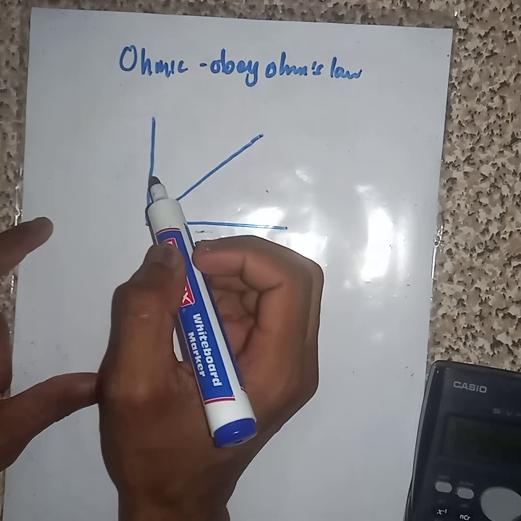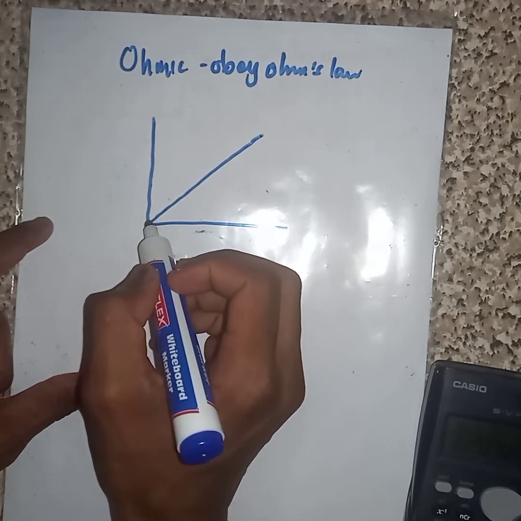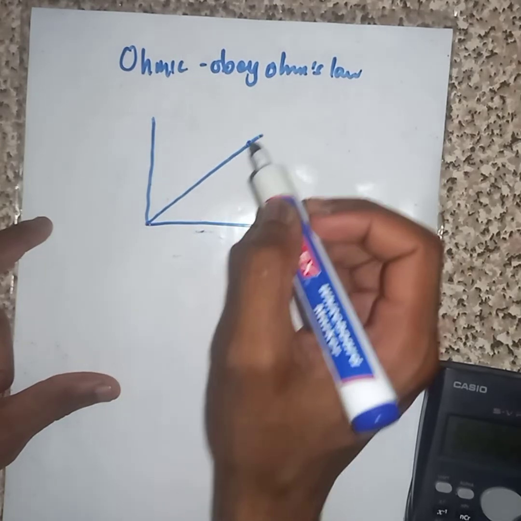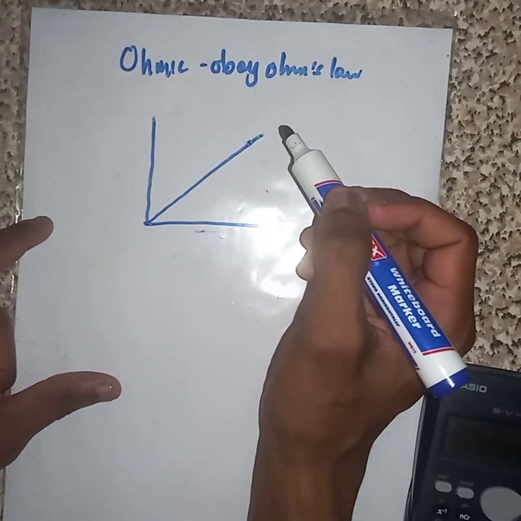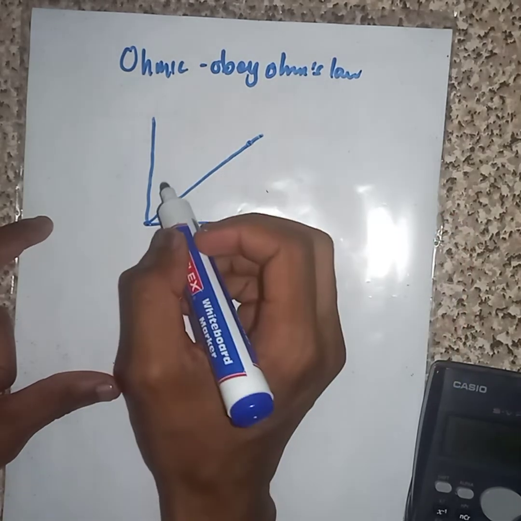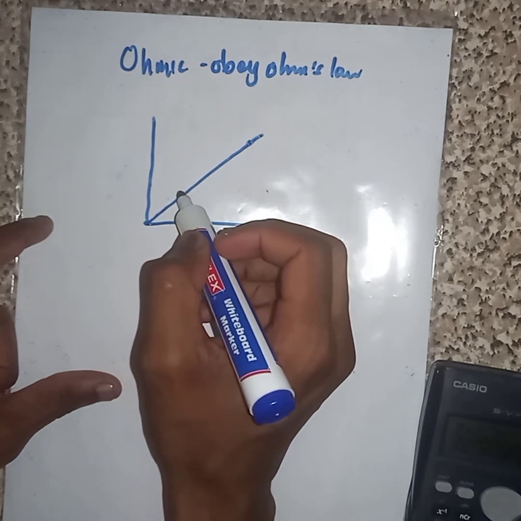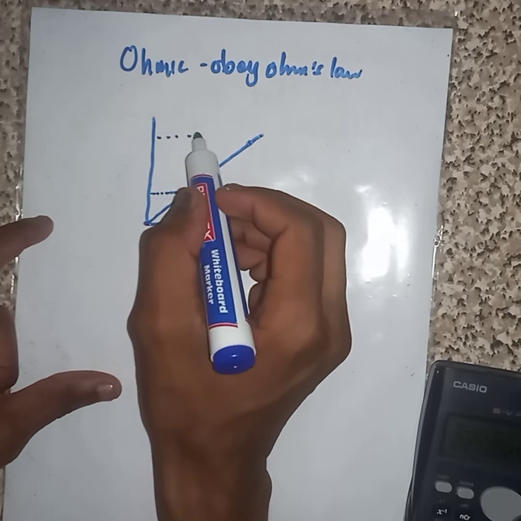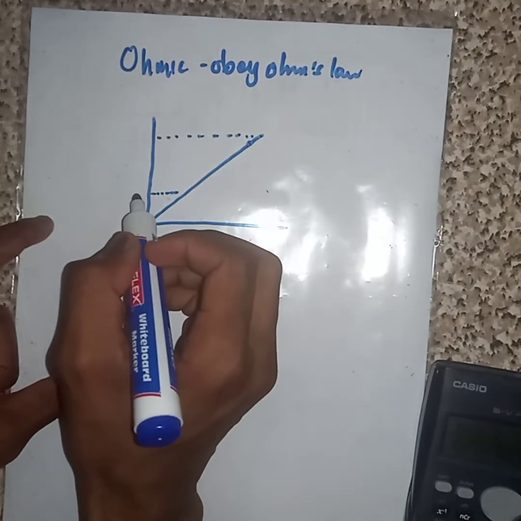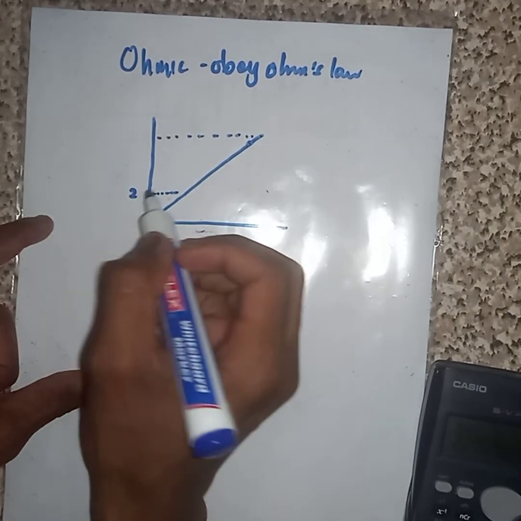Then I give you maybe values, let's say from the start to the finish. Let's say it does not start from 0. Let's say somewhere here we have a value. Let's say the value here is 2.